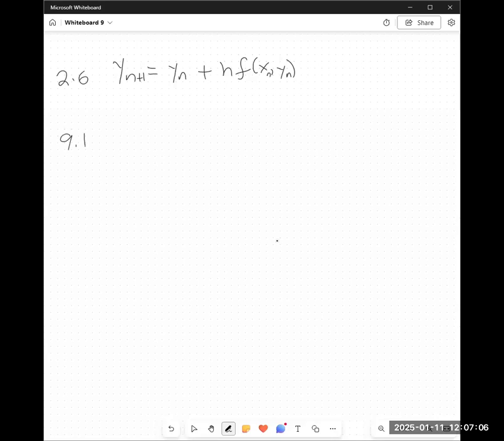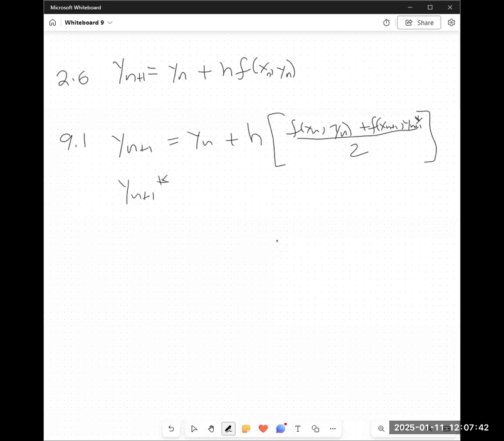9.1 tells us that we should use y of n plus 1 equals y of n plus h times the average of f of xn, yn, and f of xn plus 1, yn plus 1 star, where y of n plus 1 star equals yn plus h f of xn, yn.